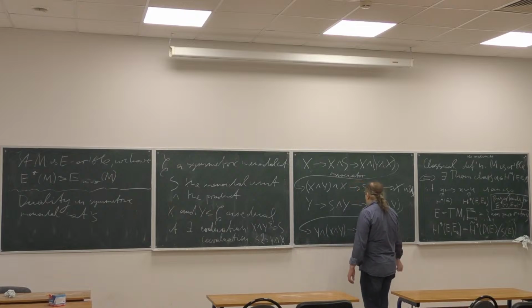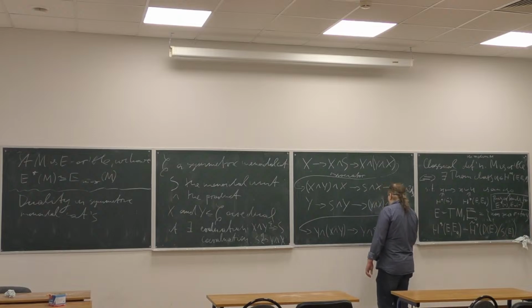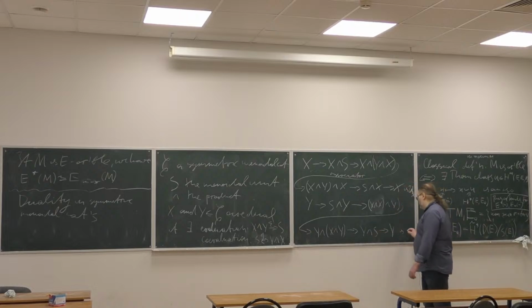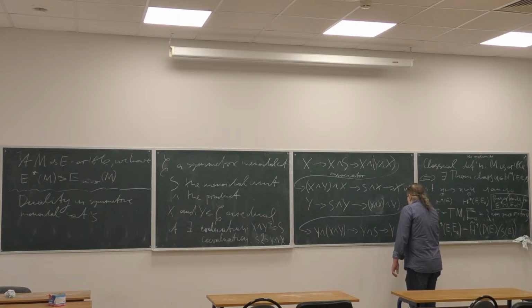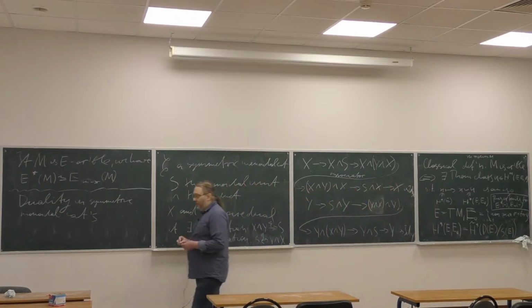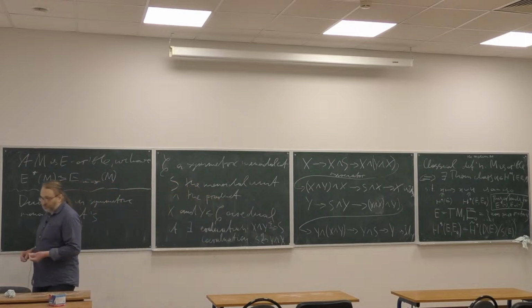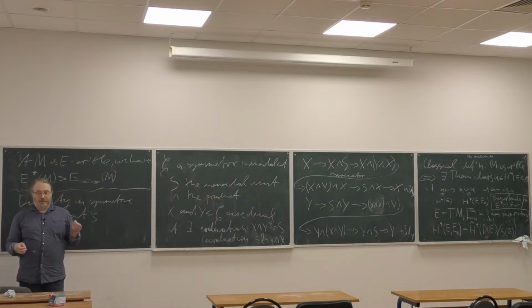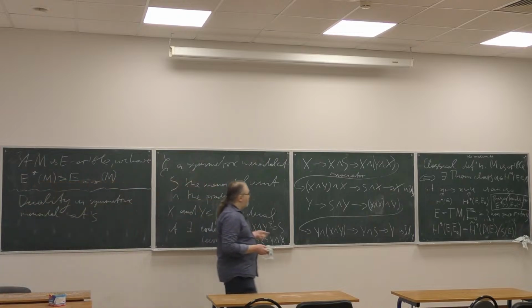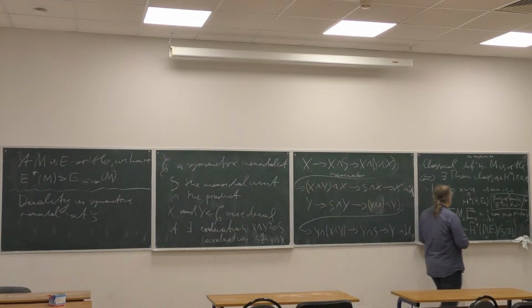We end up in Y wedge S, and then we use the fact that S is the monoidal unit, and we end up in Y again. So we start from Y, we end up in Y. And we require that the composite should be the identity. Well, let's see if this works for vector spaces.